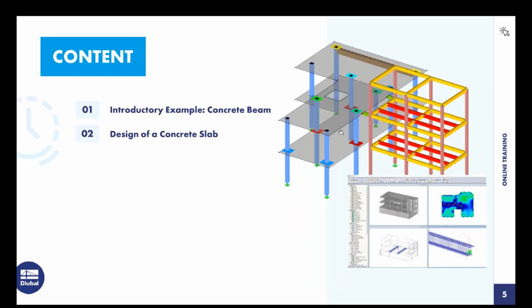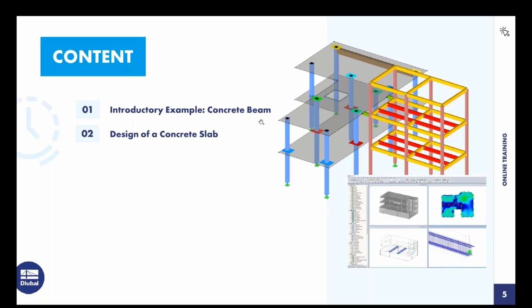I have split my training into 2 parts. First, I will show you an example of a concrete beam, very detailed. In the second part, I show you a concrete slab that I prepared before, and the difference to the beam design.